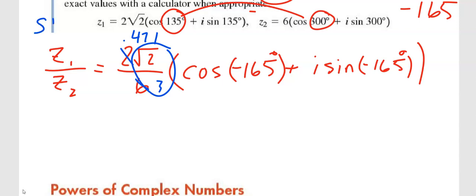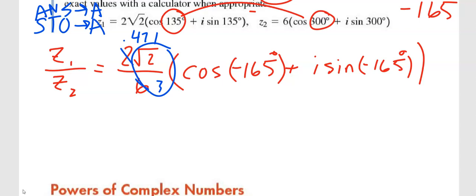It says STO, and it has an arrow. I'm going to use that store button, and then choose the letter A, which is right below the alpha button. You do have to use the alpha button and then hit the math button so that it says answer. That way, it's now stored in that location.